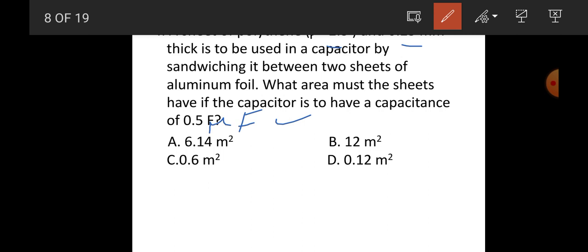Finally the answer is 6.14 meter squared, A. The answer is A.